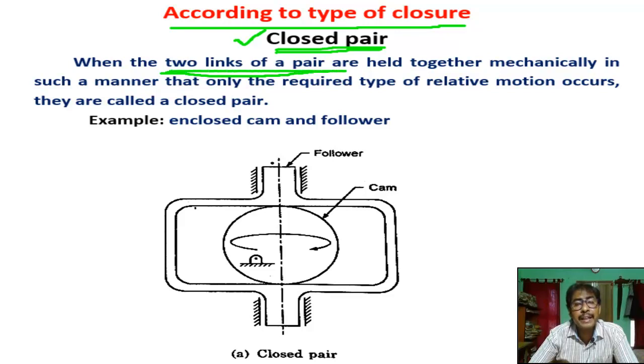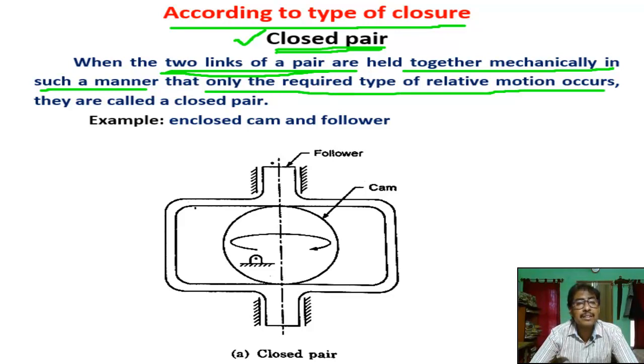When the two links of a pair are held together mechanically in such a manner that only the required type of relative motion occurs, they are called a closed pair.